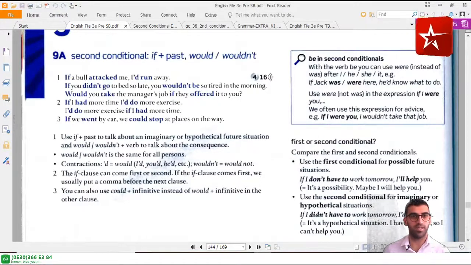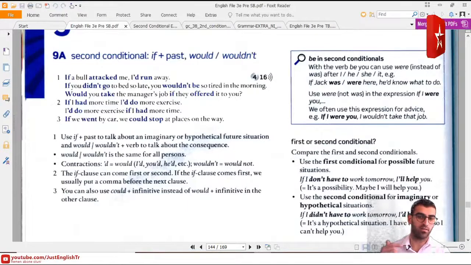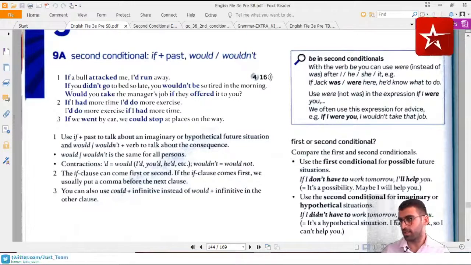Welcome. And as you see from my screen, today's lesson is about the second conditional, the if conditional sentences. On Thursday, in my previous lesson, I talked about the first conditional sentence. And today's lesson, we will be talking about the second conditional sentence. You can ask me, what does it mean, the second conditional, and why do we use the second conditional sentences in English?